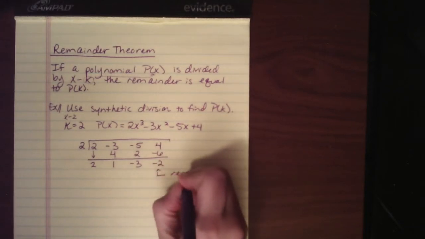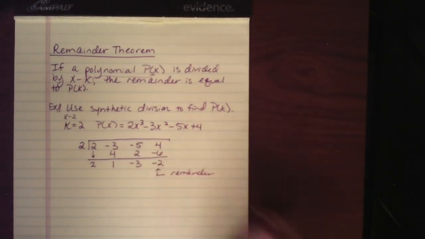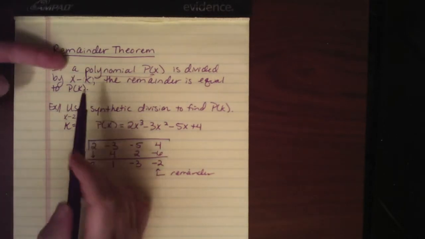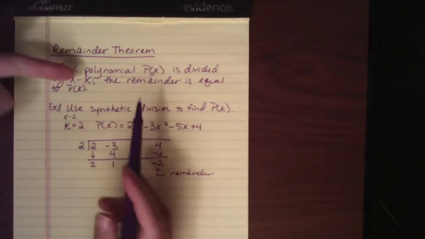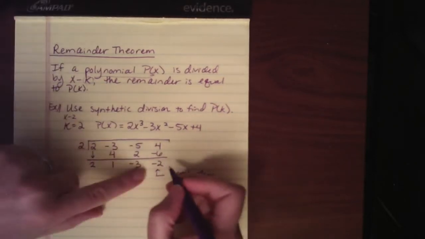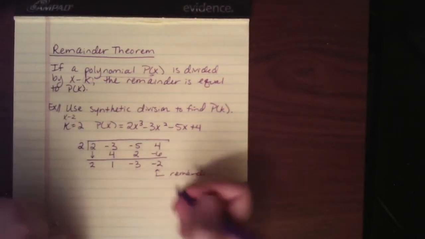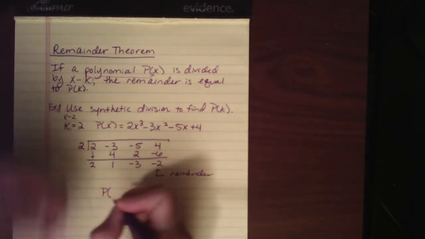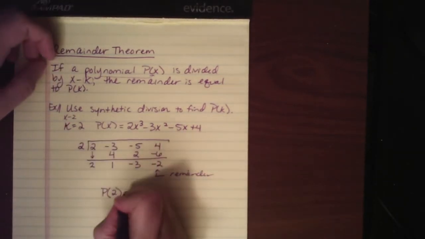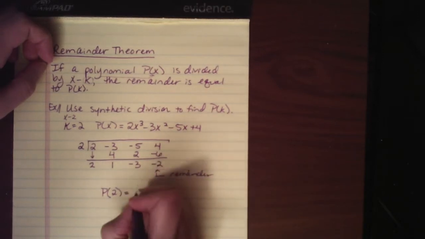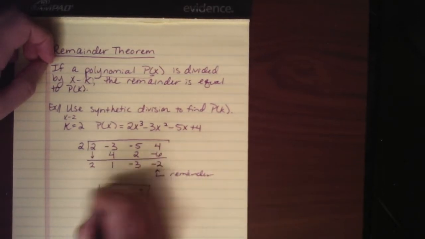There's our remainder. Okay, so if a polynomial is divided by x minus k, the remainder is equal to p of k. So this is telling us that p of k, if we plug in the number 2 to this polynomial, that's going to equal our remainder, negative 2.